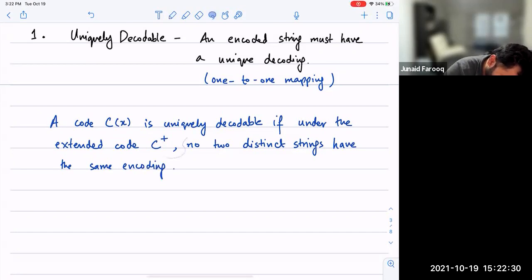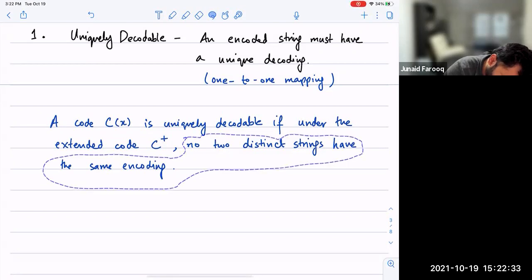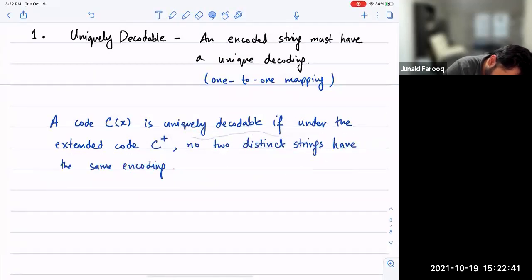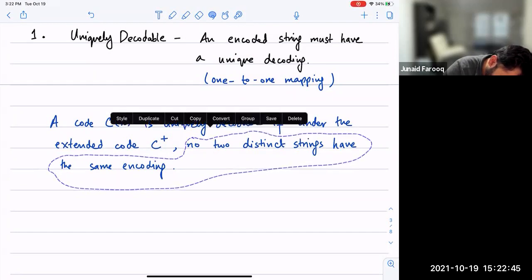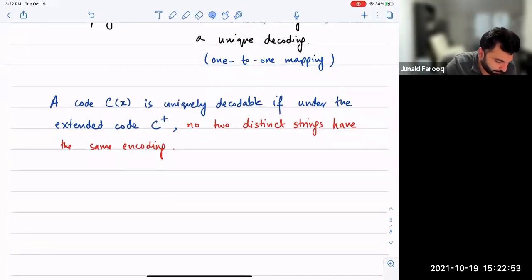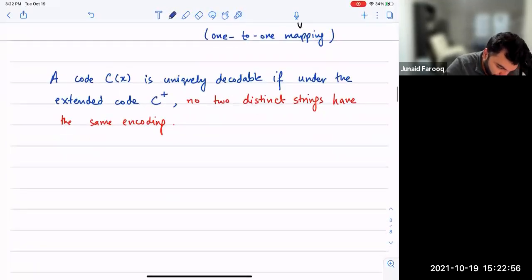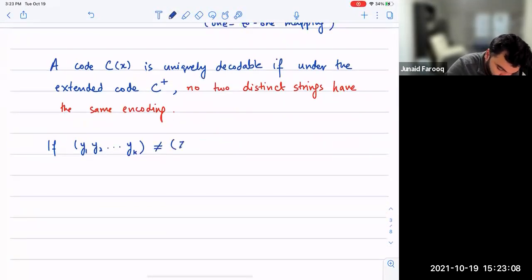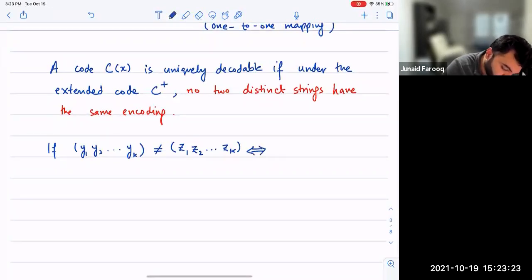That means if the string y1, y2, ..., yk is not equal to z1, ..., zk, if two strings are not equal, then their encodings should also not be equal.